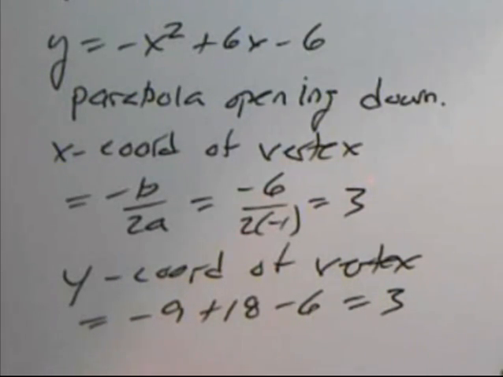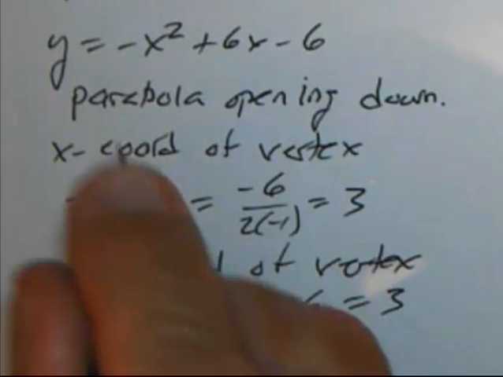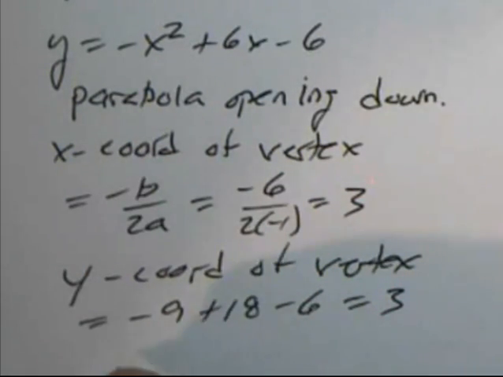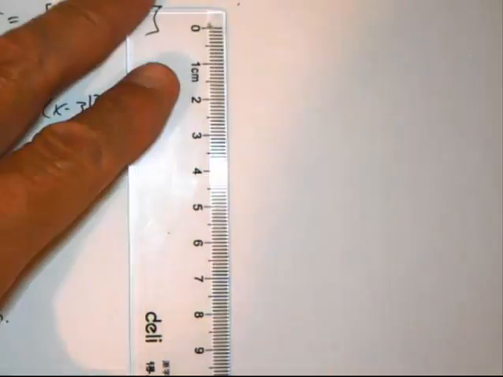Okay, vertex at 3, 3. This is furthermore a translation of y equals negative x squared. Alright, now let's see, this would give us something that is in quadrant 1 primarily. So it looks like we need some quadrant 1, quadrant 4 without very large coordinates in the x direction. Looks like we go out to about 4 or 5 or so and we'd have it. So let's take this information into account and sketch up a graph.